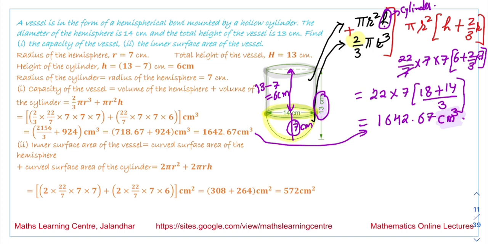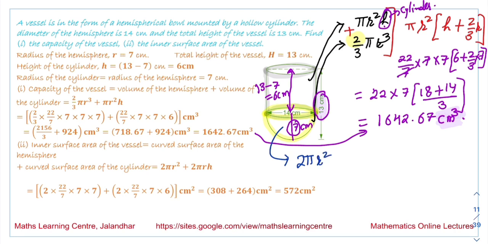Next thing we have to calculate is the inner surface area of this vessel. Inner surface area means, again, we have two figures over here. One is this hemisphere. The inner surface area of this hemisphere is 2 pi r square.